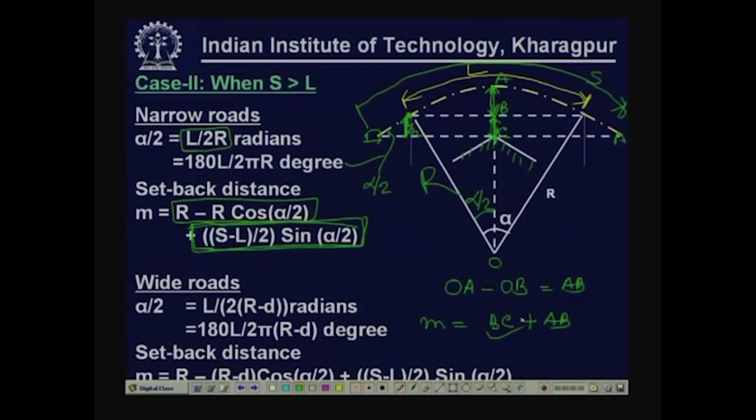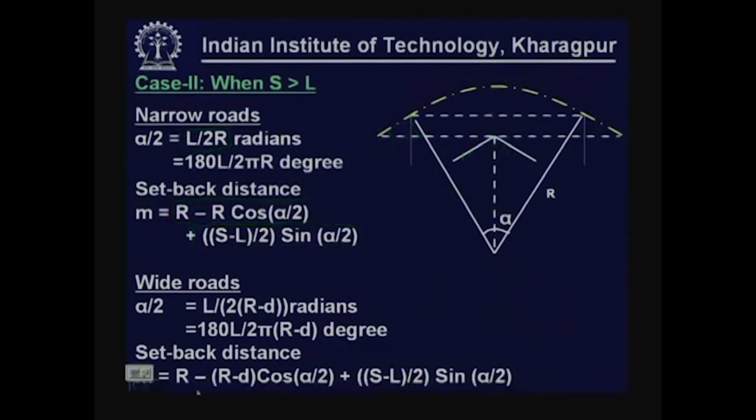So, for wider road a suitable adjustment is necessary. In this case it is actually given by r minus d cos alpha by 2 plus S minus L by 2 sin alpha by 2.